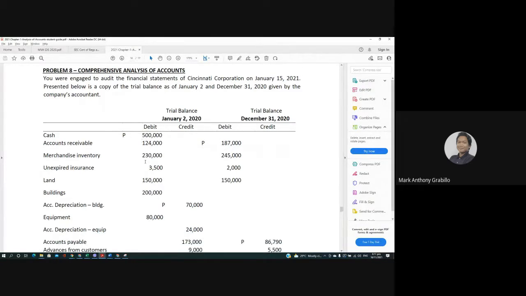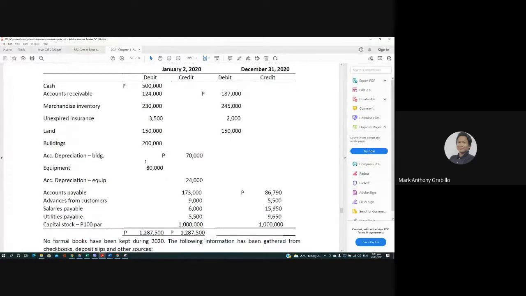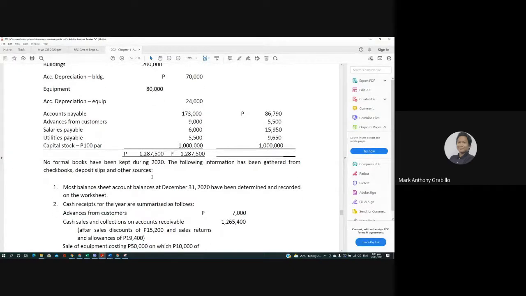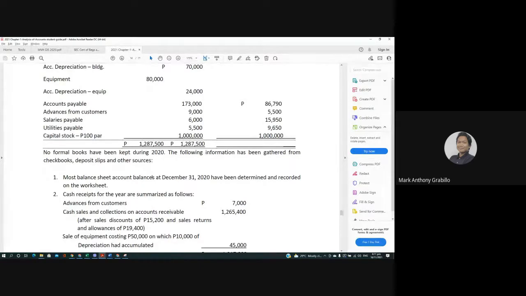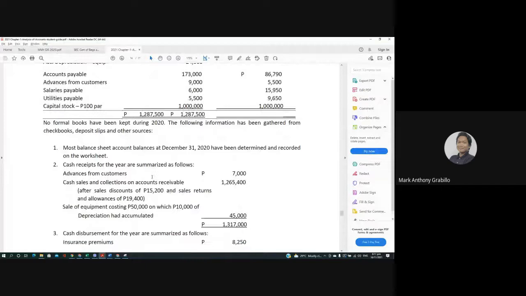So hindi ko nababanggit yung mga details ng trial balance kasi napag-usapan na natin ito the last time. No formal books of accounts have been kept during 2020. The following information has been gathered from checkbooks, deposit slips, and other sources.